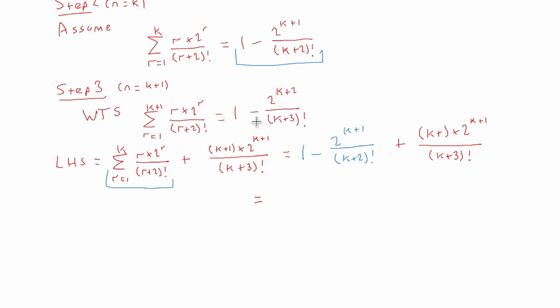Now I've got to try and simplify this into this. Now notice I've already got the 1 minus at the beginning, so I'm going to leave that 1 minus there. I don't want to get rid of that.